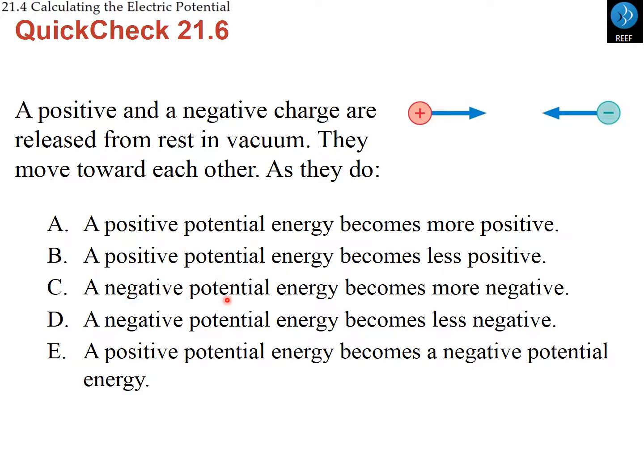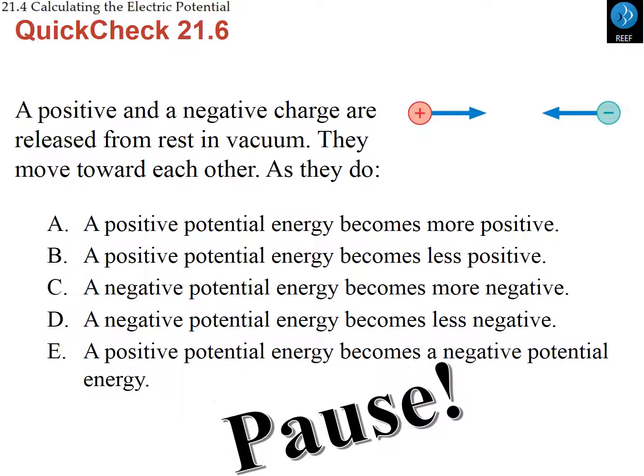A negative potential energy, in other words, there is some electric potential energy, and if it's positive, is it going to become more positive? If it's positive, it's going to become less positive. If it's negative, will it become less negative or more negative, and so on. So I'll give you some time. Please pause, think, and answer.